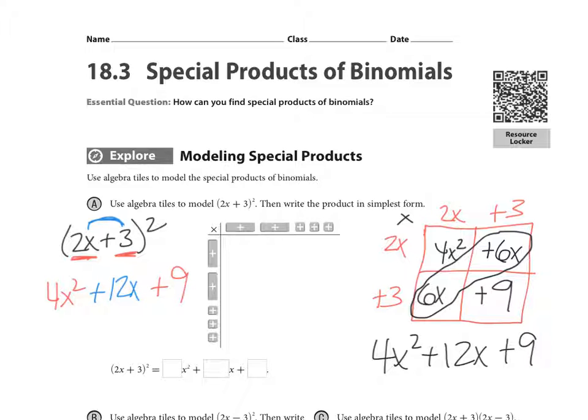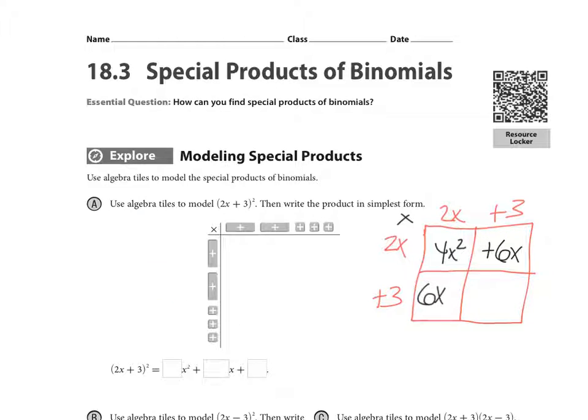Now, the last thing you could do is what we've talked about before, which is you could just go through and do the distributive property. So you could write 2x plus 3 squared is 2x plus 3 times 2x plus 3.